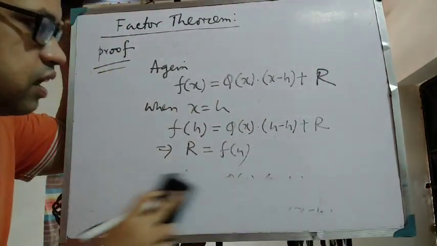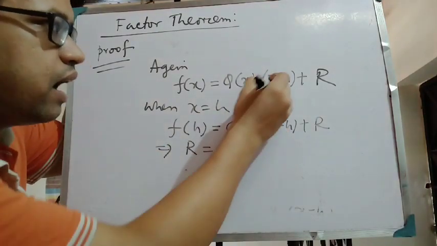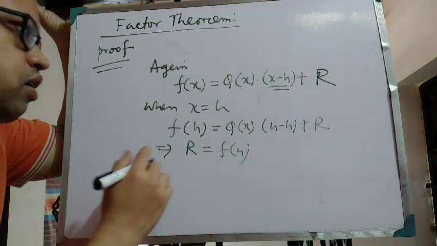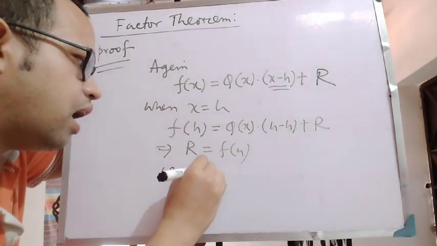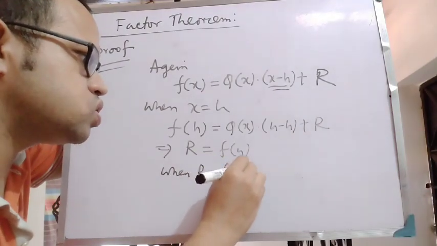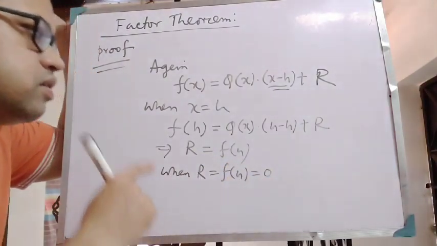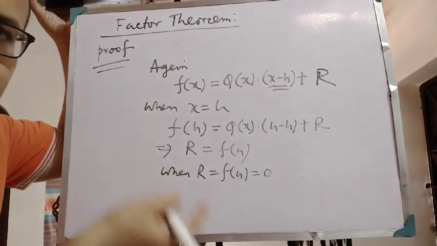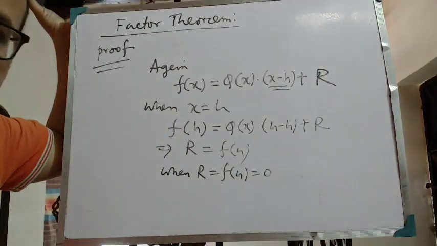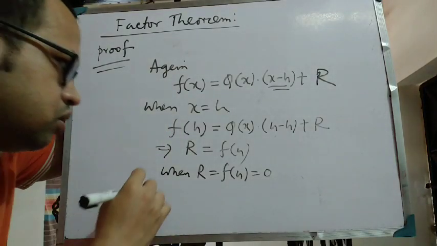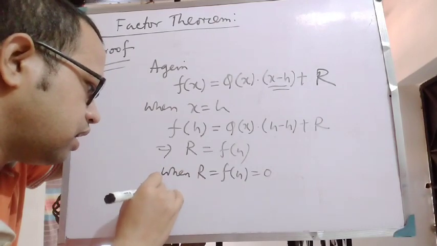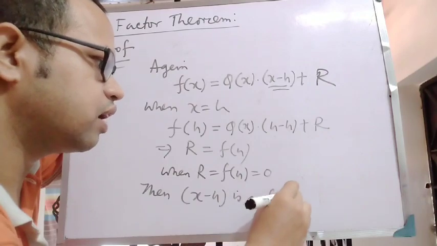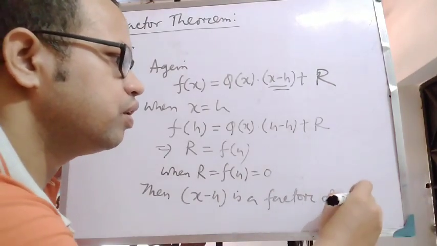So in this case it will be a factor when the remainder becomes 0. That means when r, that is f(h), equals 0, the polynomial vanishes for the real number h, then x minus h is a factor of f(x).